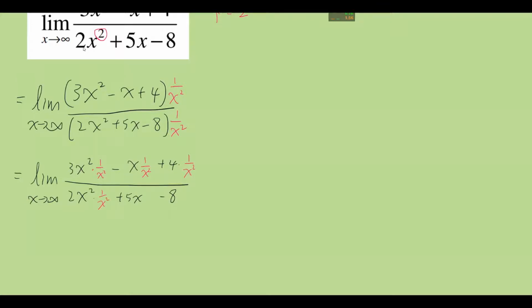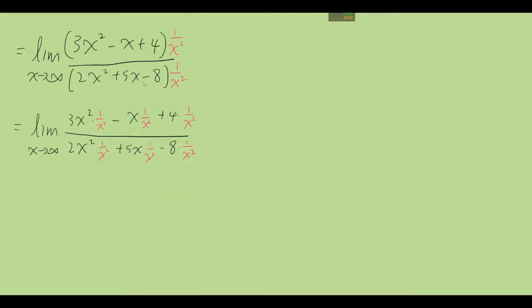After I do that, I'm going to simplify the x's if I can. For the first one, I have 3x squared times 1 over x squared, so the x squared cancels, leaving just a 3. Minus x times 1 over x squared: the x is gone, and I would still have a power of 1 of x in the denominator. 4 times 1 over x squared is just 4 over x squared.